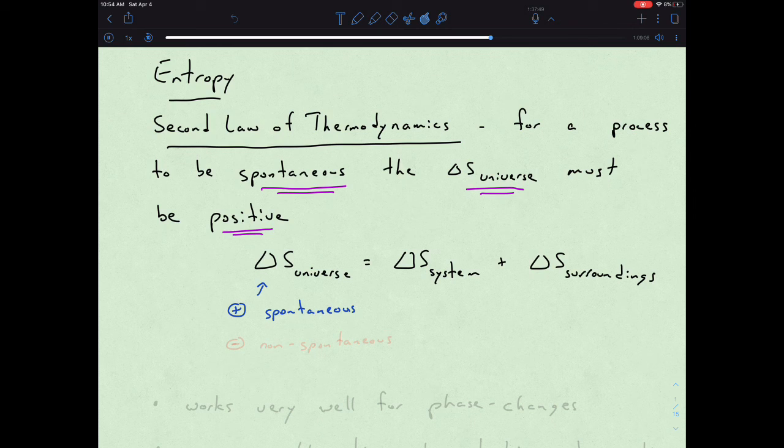So if our delta S is positive of that universe, we have a spontaneous process. If it's negative, that will be non-spontaneous. So that's the logic that we're looking at today in this lecture, and going just a little bit further in terms of this expression and being able to go to the next level.